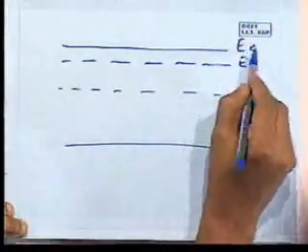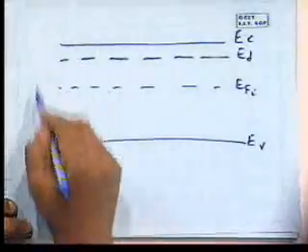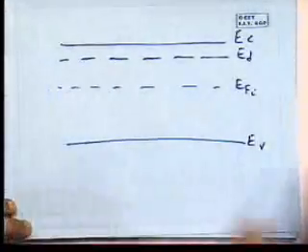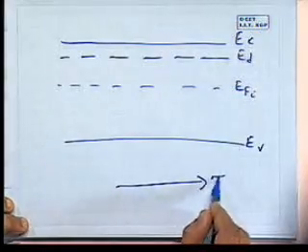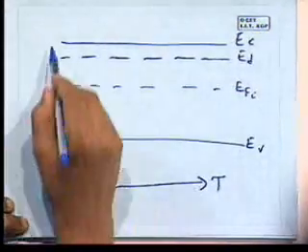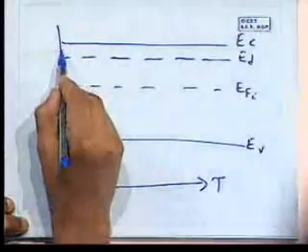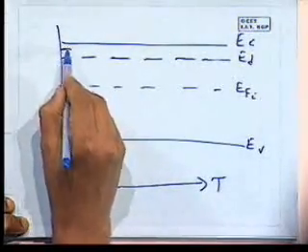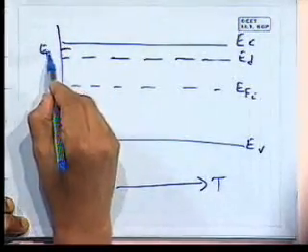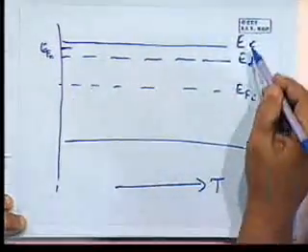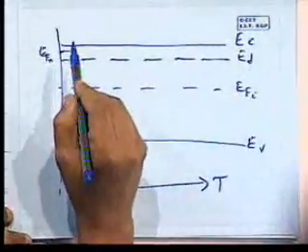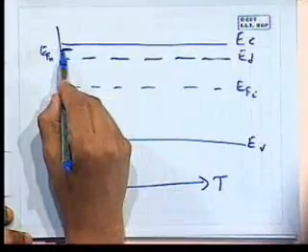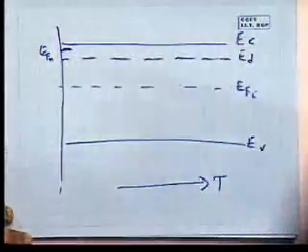Temperature is increasing in this direction. How does the Fermi level shift? Well, at very low temperatures we just saw that the Fermi level will lie midway between EC and ED. Actually, as temperature increases, there will be a slight increase because of the temperature dependence of this term here.